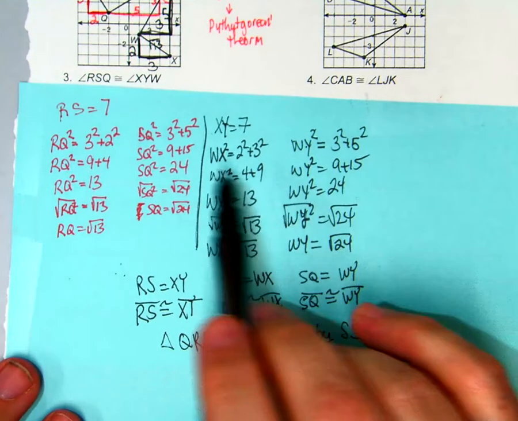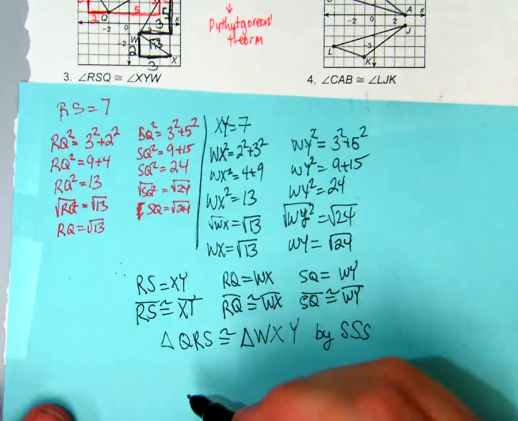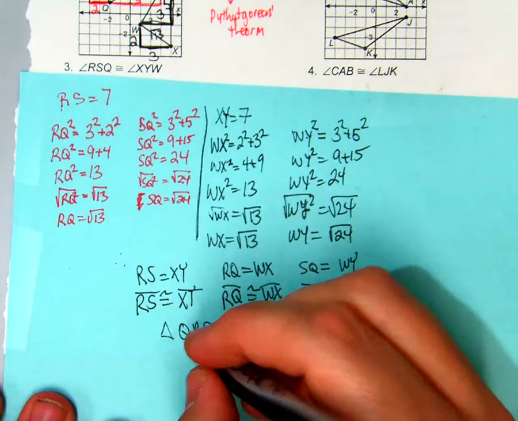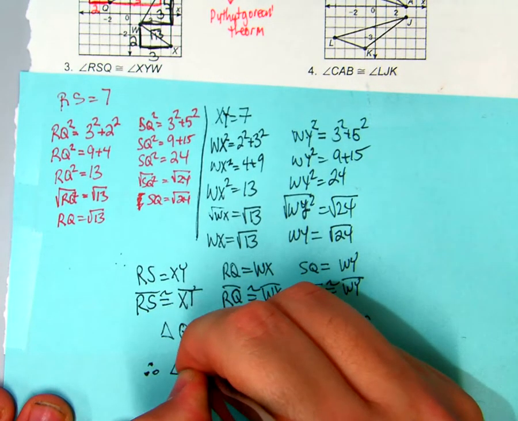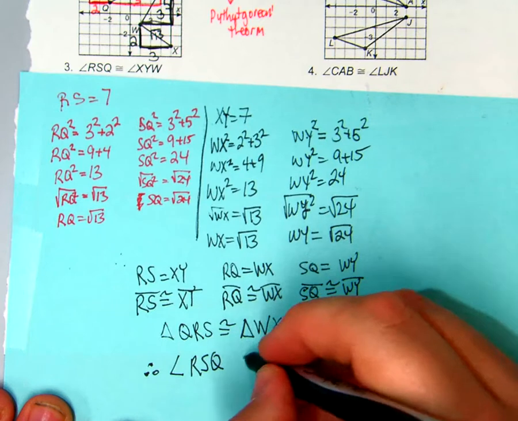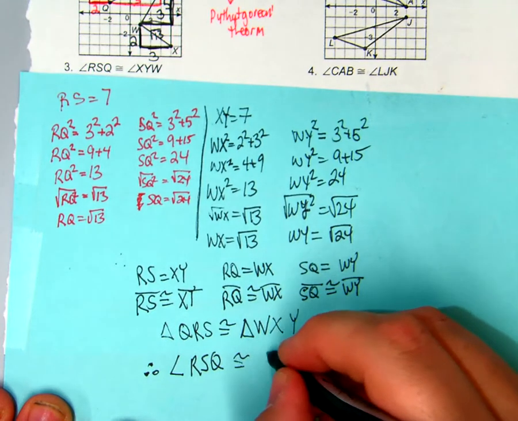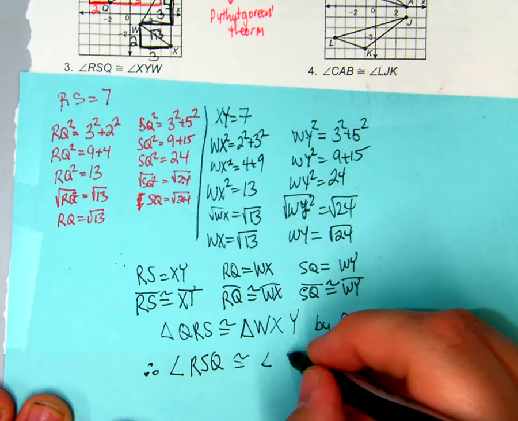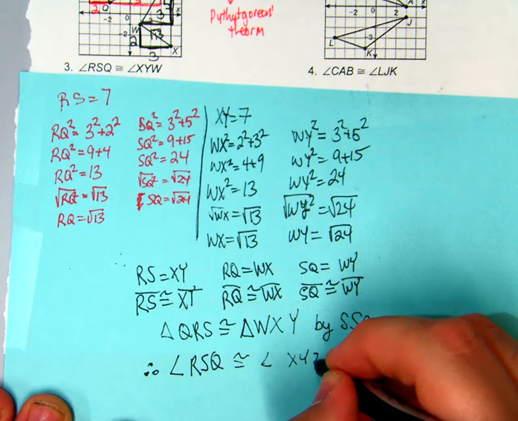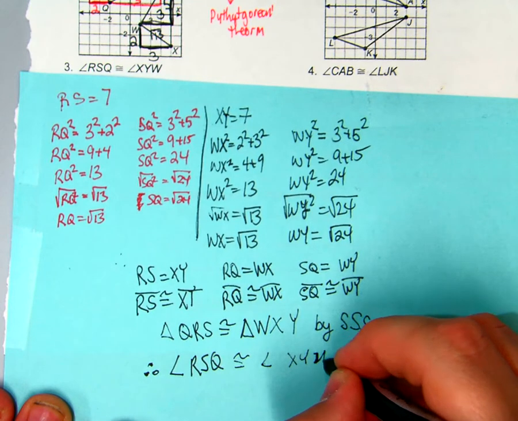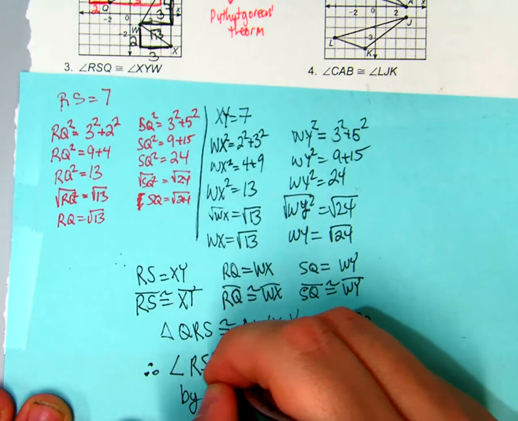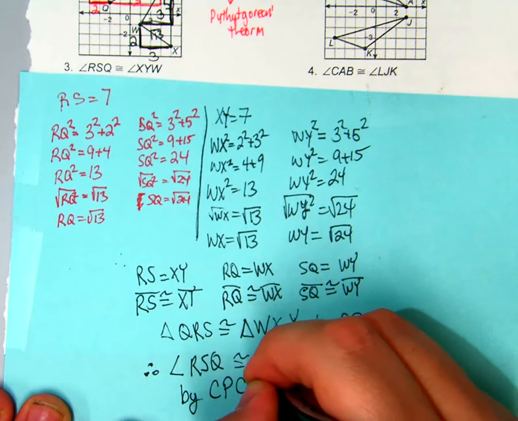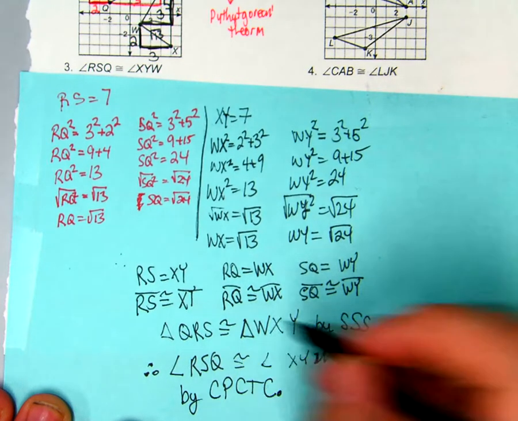I was able to prove that all three sides are congruent to each other, and then I could say, therefore, angle RSQ is congruent to angle XYW, and the reason is by corresponding parts of congruent triangles are congruent.